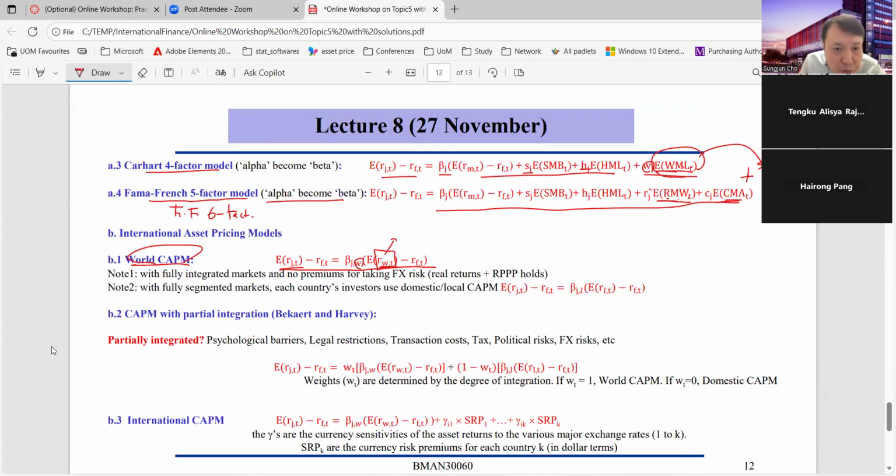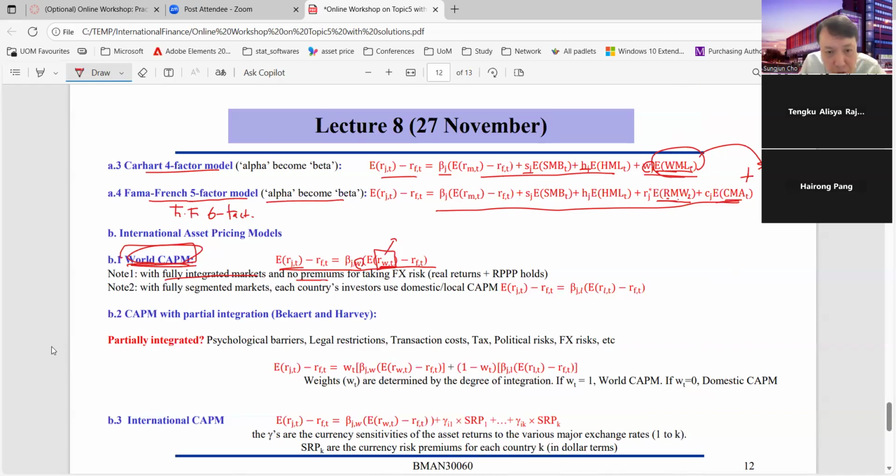Now we need to assume something to use this one. We need to assume a fully integrated market. What is the meaning of that? For example, as a UK investor, you can invest in any international stock market under the fully integrated market assumption. So you can invest in US, French, China, in all kinds of markets without any restriction. Then world CAPM is the right model.